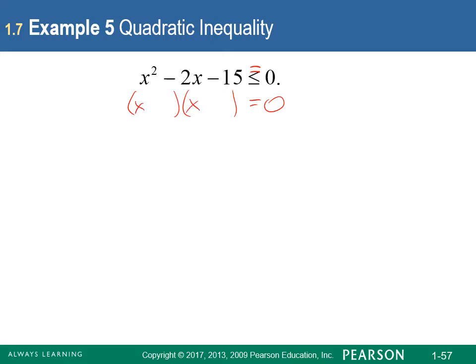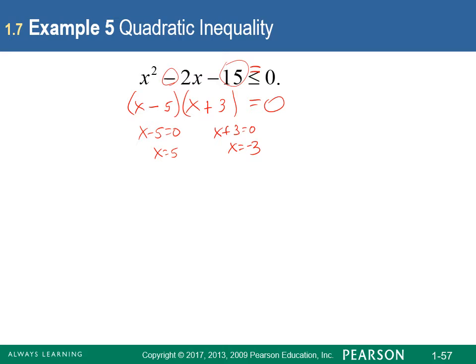and this factors into 3 and 5, that makes 15, with a negative on the 5 and a positive on the 3. So x minus 5 equals 0 gives x equals 5. And x plus 3 equals 0 gives x equals negative 3.